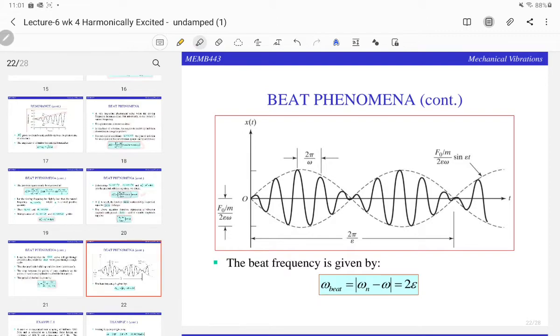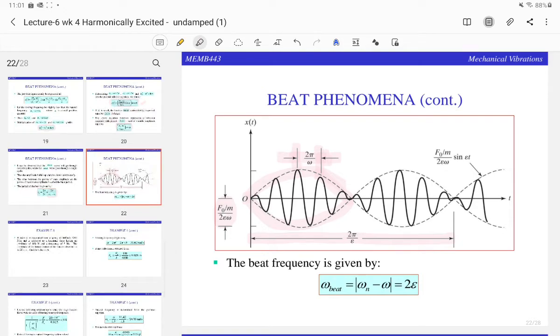You remember we have a similar graph, but now if the beat phenomena occurs, you can see there's this kind of envelope that shows there's a beat. So this is the amplitude, and this is the overall frequency, and also the smaller frequency of each wave, because there are two sine functions.